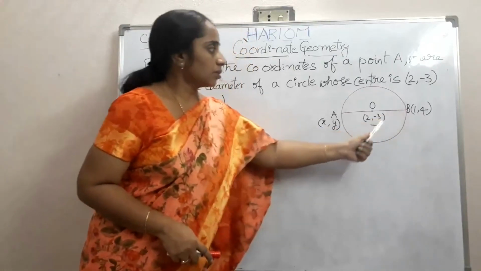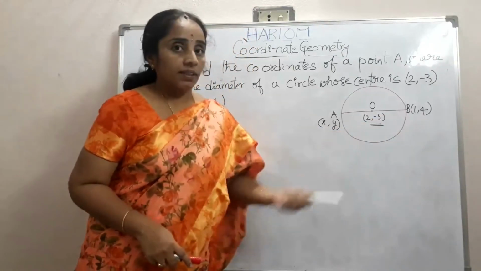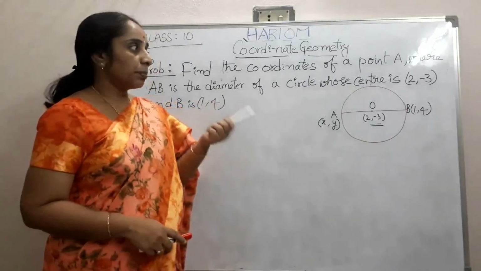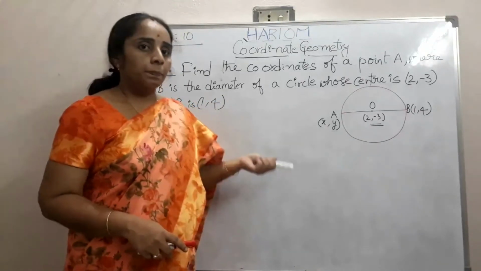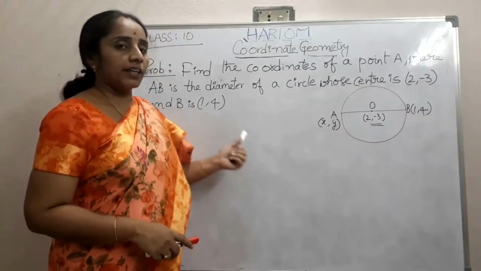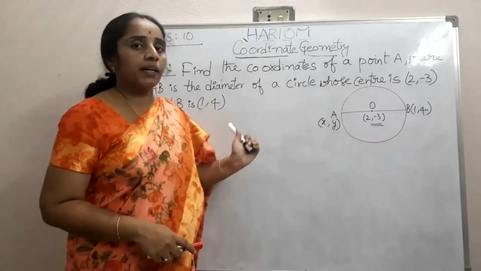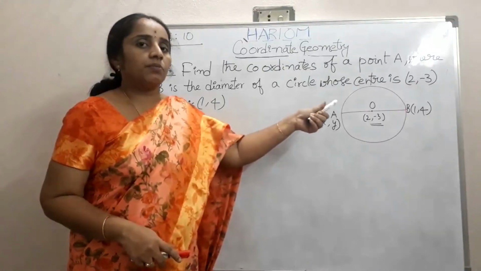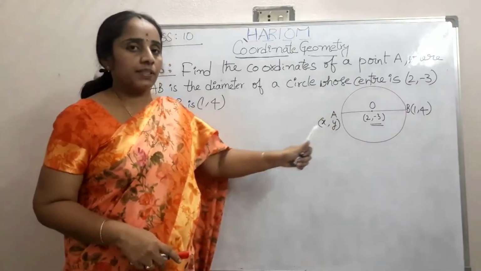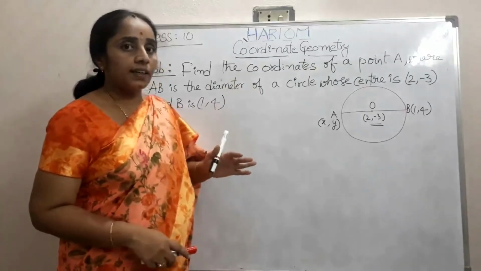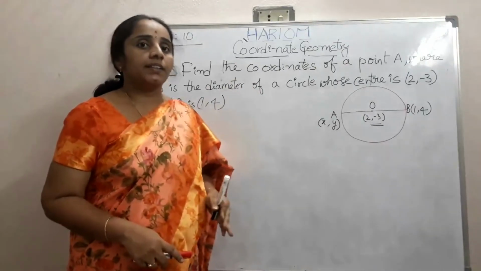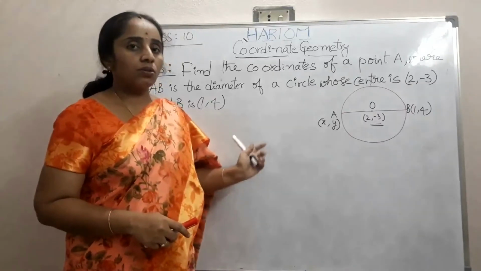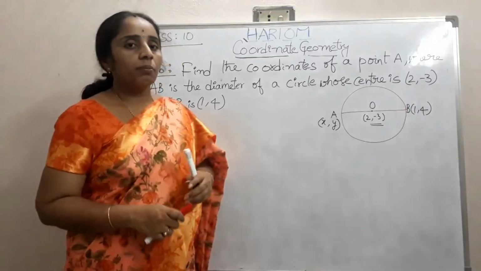In our previous class I explained that if P divides internally, we get m1 x2 plus m2 x1 by m1 plus m2, m1 y2 plus m2 y1 by m1 plus m2. If it is the midpoint, then x1 plus x2 by 2, y1 plus y2 by 2.